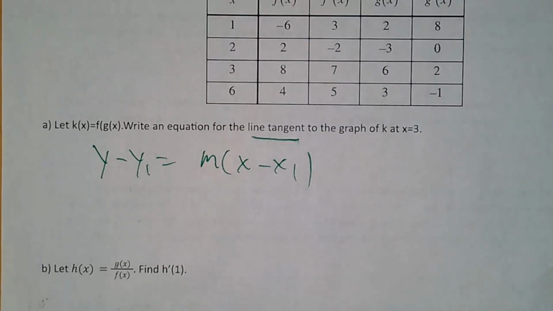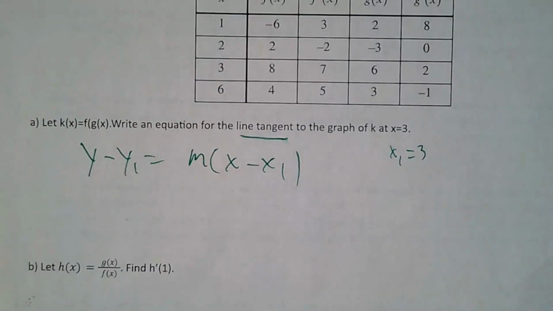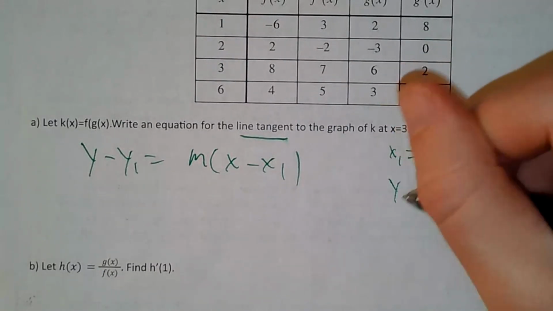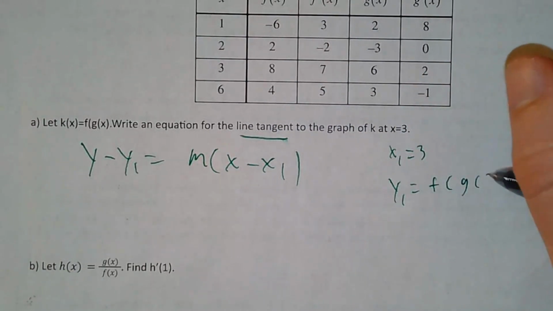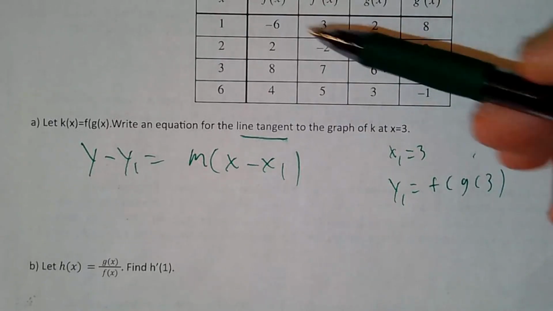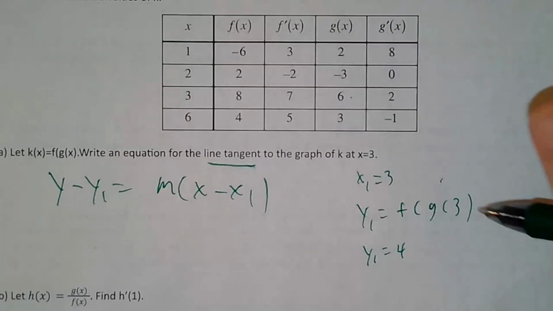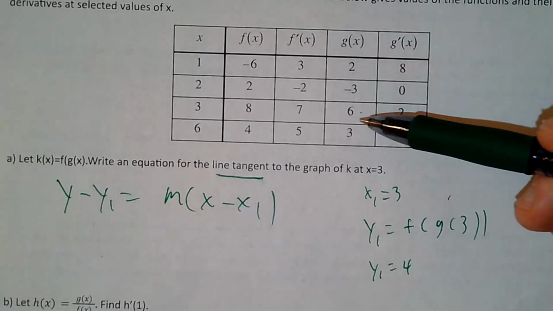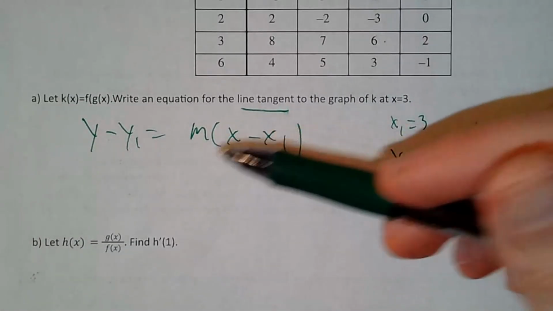We know our x is 3, so our x1 is 3. Let's go ahead and find our y1 while we're at it. So our y1 is going to be f of g of 3. g of 3 is 6. So f of 6 is 4. So y1 equals 4. I plugged in a 3 for g, and I got 6. Then I plugged in 6 for f, and I got 4. So I've got my y1, I've got my x1. The last thing I need is my m.